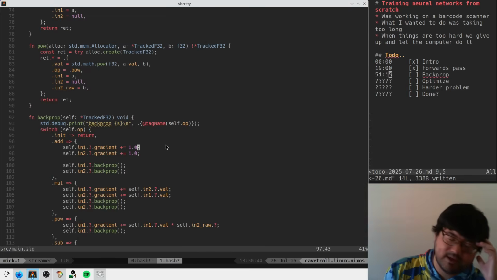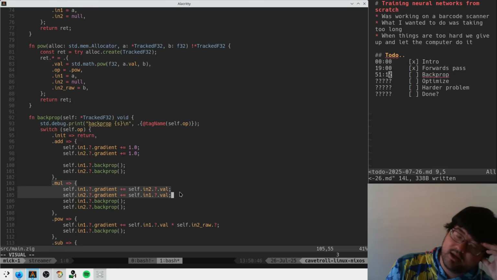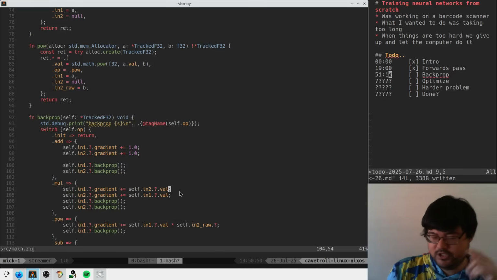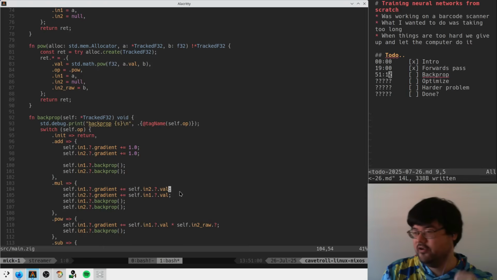But even that doesn't really make sense, because when we're adding to the gradient, it needs to be multiplied by how much it contributes. So it's almost like, before we go down a layer, we need to know. Hold on.